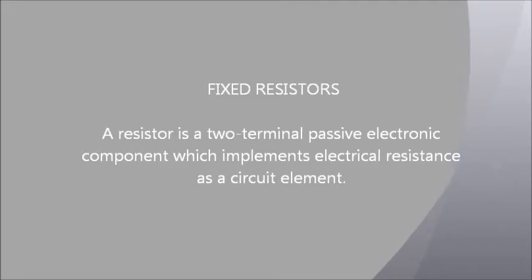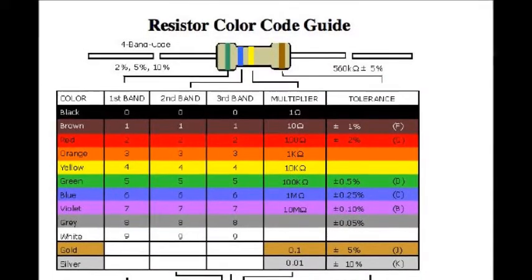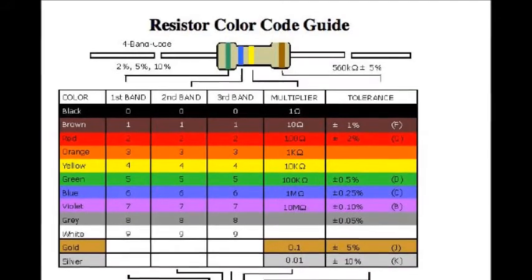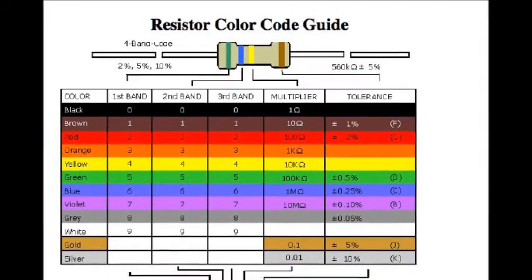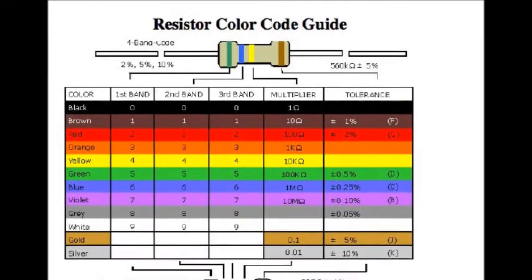When voltage is applied across the terminals of the resistor, a current will flow through the resistor in direct proportion to the voltage. The reciprocal of the current is known as the resistance, since with a given voltage a large value of resistance further resists the flow of current, as given by Ohm's law.